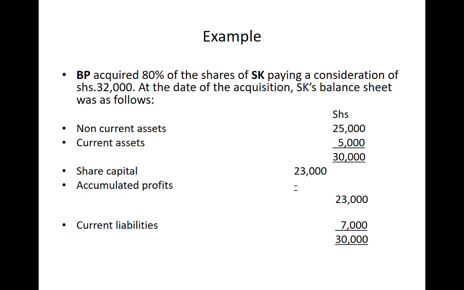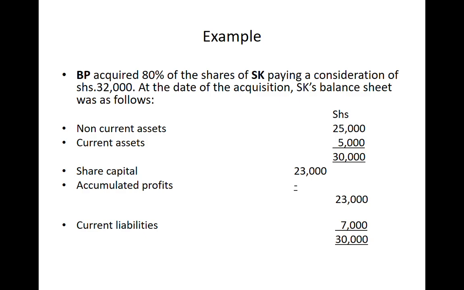This is an example. So at the date of acquisition, this is the balance sheet of SK, and SK is going to be acquired at 80%. So we want to know what would be the value which is going to be paid, what we are calling the goodwill.